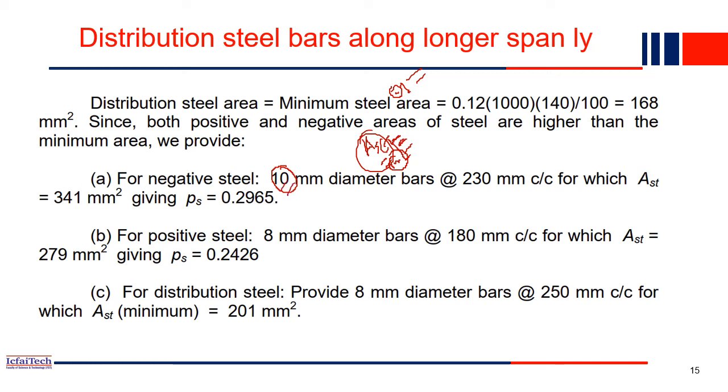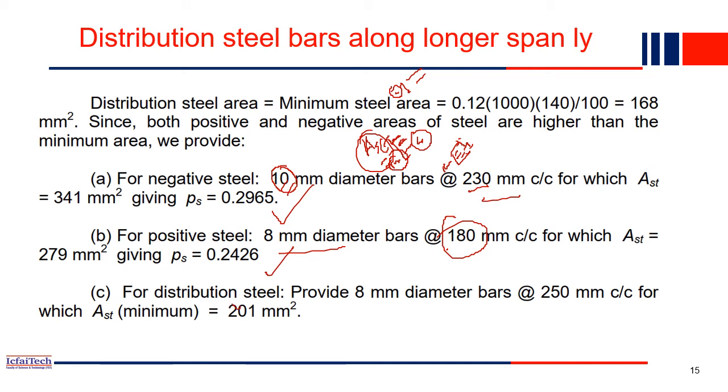It comes out to be 4 numbers of 10 mm bar, and the total width available is 1000 mm. So maybe you have to provide maybe 200 spacing in between each bar, for example, but here it comes out to be 230 mm center to center spacing. So that is the negative steel we have to provide, and for positive steel 8 mm bar at 180 center to center spacing.